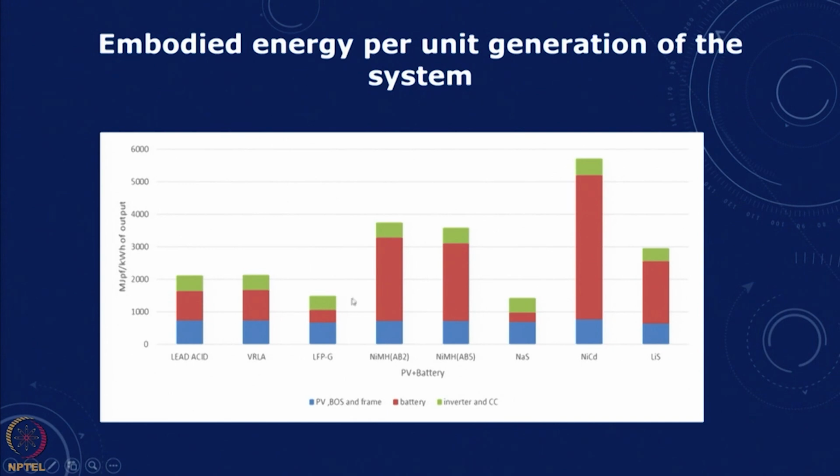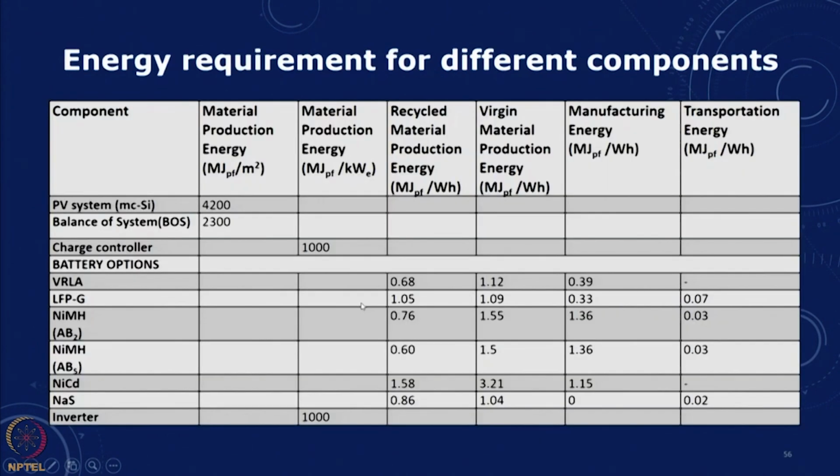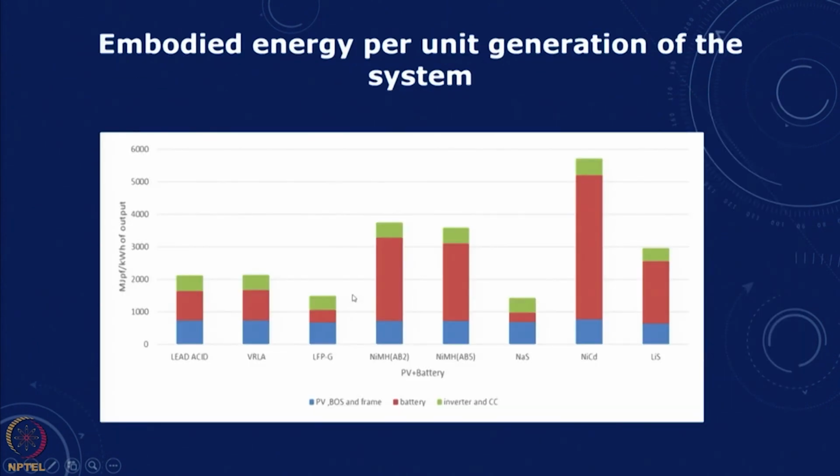and based on that we can calculate, you can see that in some cases the battery nickel cadmium, the embodied energy is very high, and of course this also takes into consideration the difference in the lives, because this is the final cumulative energy demand, and it gives us a comparative idea of this.